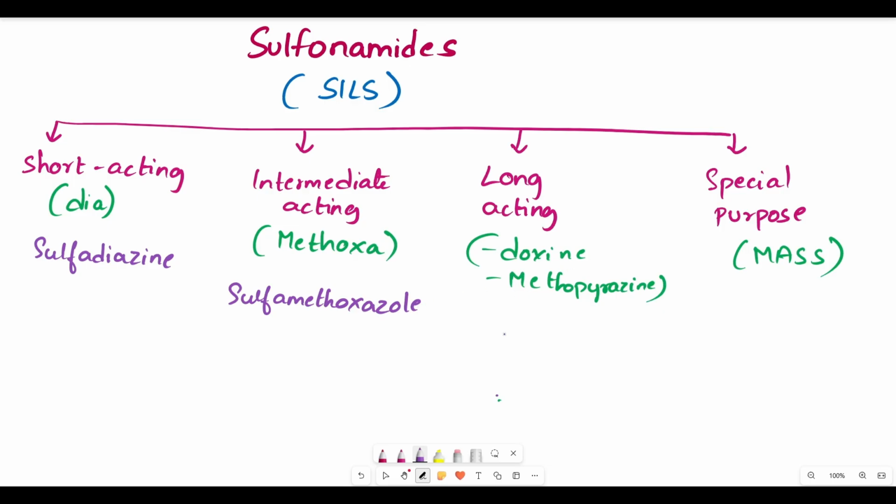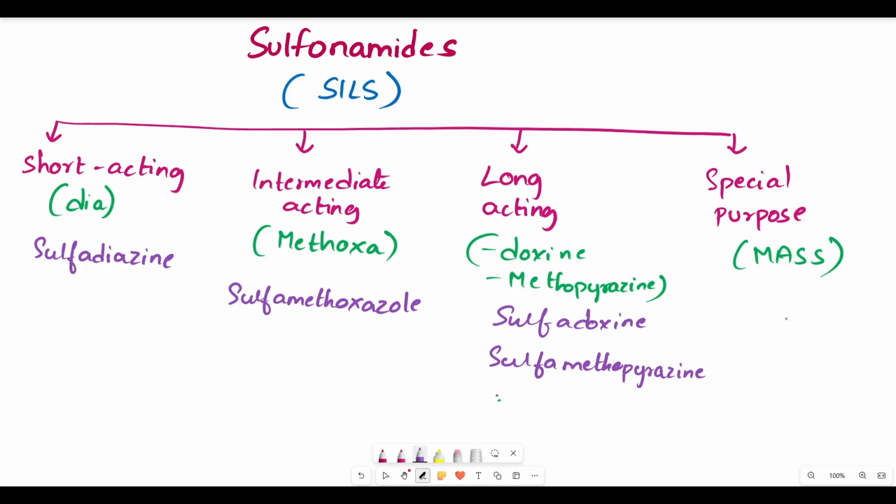Coming to the long acting, one example has the term doxin and the other has methopyrazine. So one is sulfadoxin and the other one is sulfamethopyrazine. Sulfadoxin and sulfamethopyrazine come under this long acting.